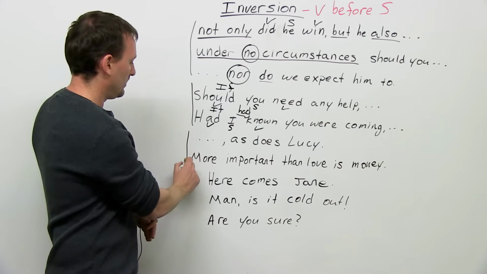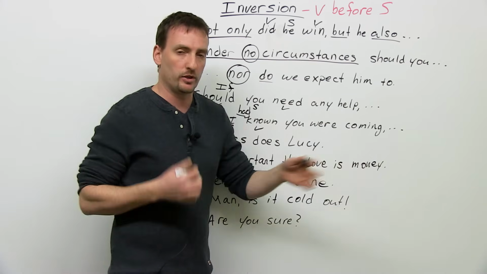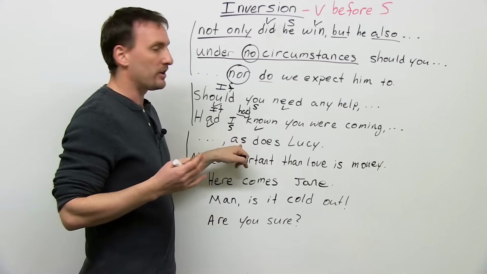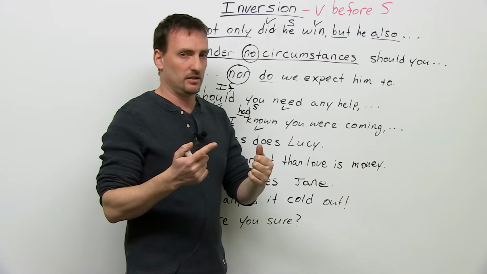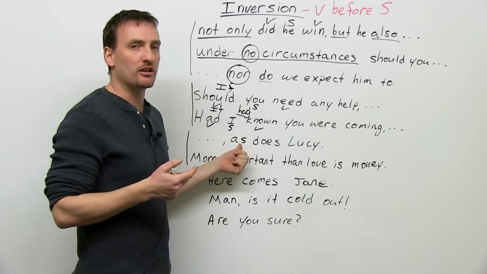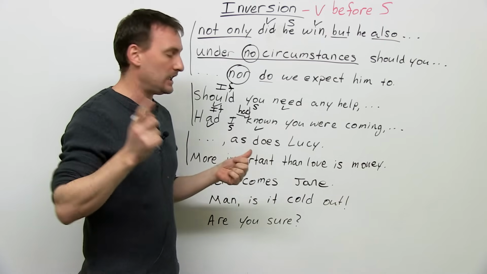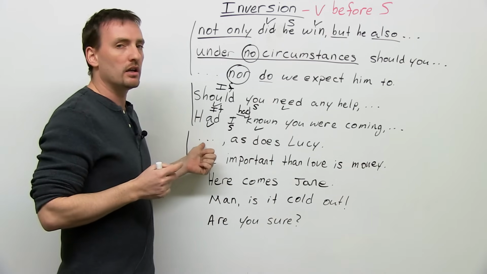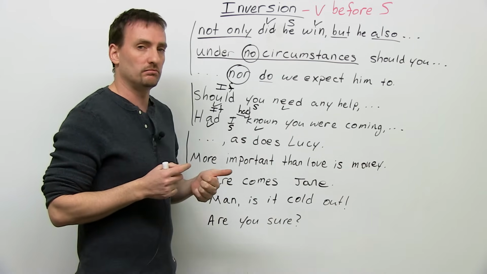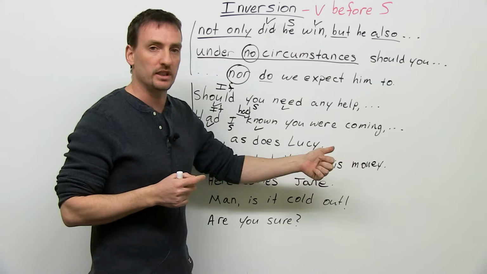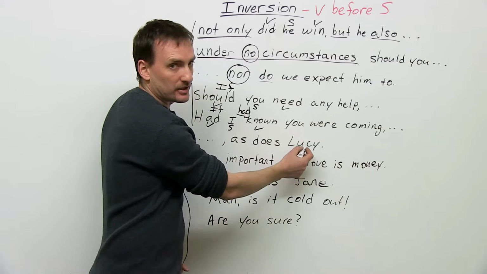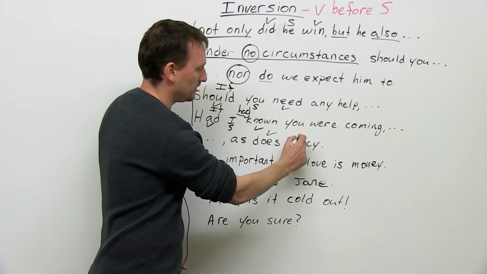Now we have the comparatives. When you're comparing something, when you're comparing an action, you're using the clause marker as, not the preposition like. So: John speaks Chinese, as does Lucy. Okay, Lucy is actually the subject. Here's the verb.